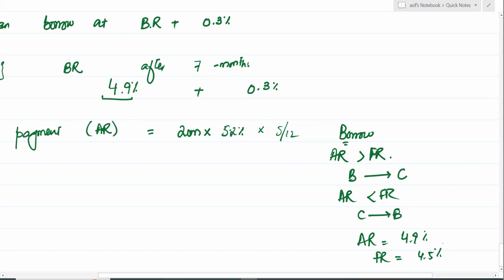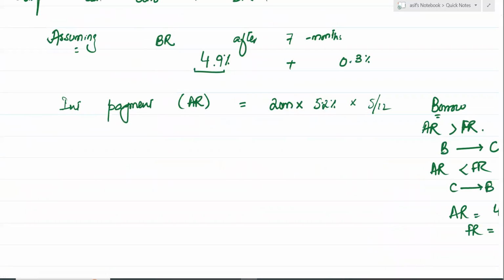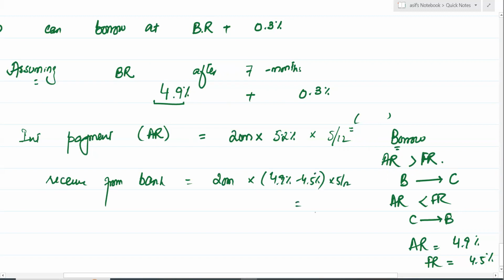So we have paid more. So in this case, this would be the payment we will receive from the bank: 20 million into the difference, 4.9 minus 4.5 into 5 by 12.